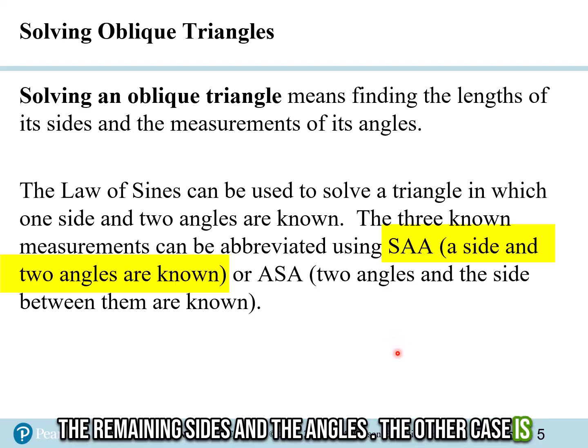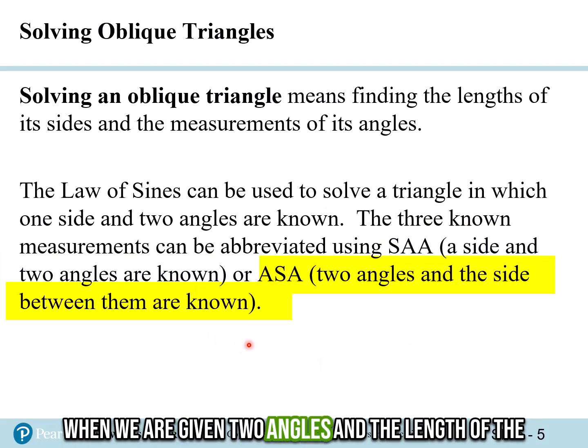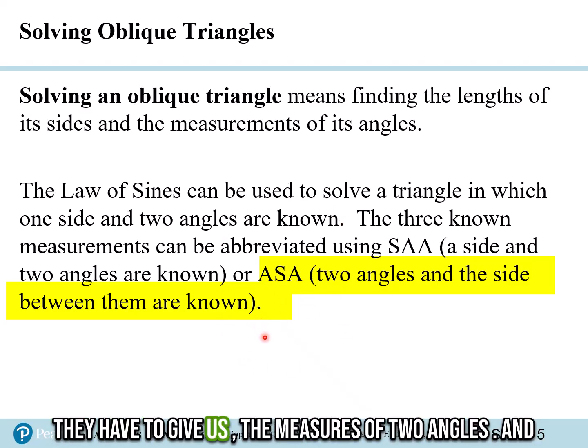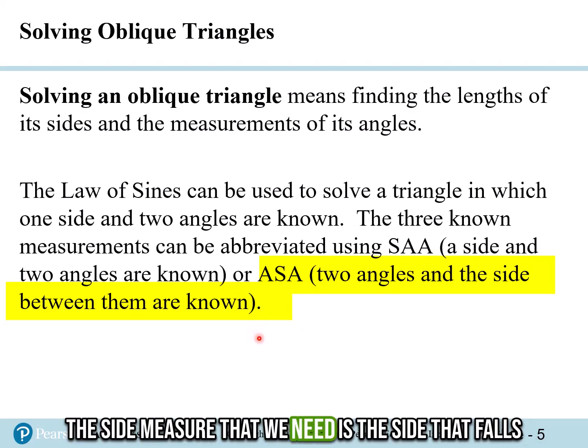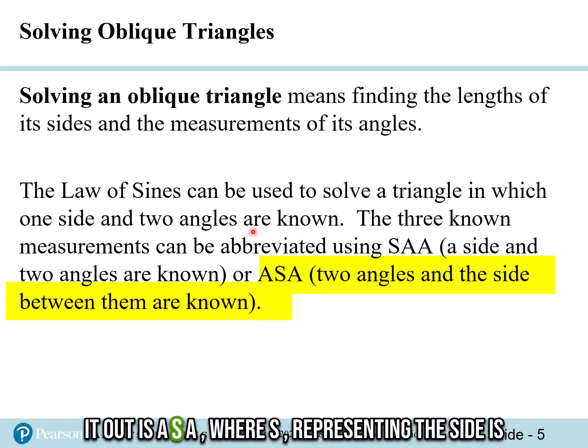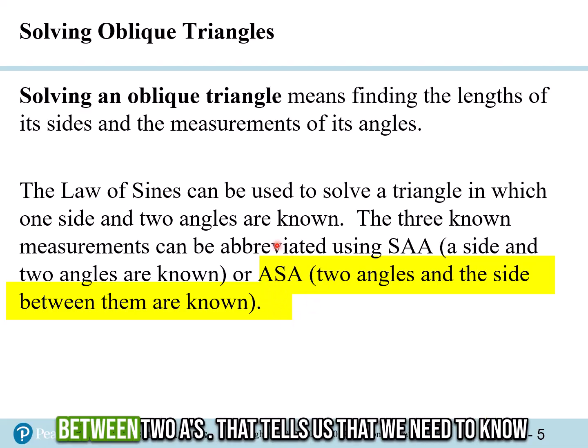The other case is when we are given two angles and the length of the side in between the two angles. That's very important. They have to give us the measures of two angles, and the side measure that we need is the side that falls between the two angles. And the way they've written it out is ASA, where S, representing the side, is between two A's.